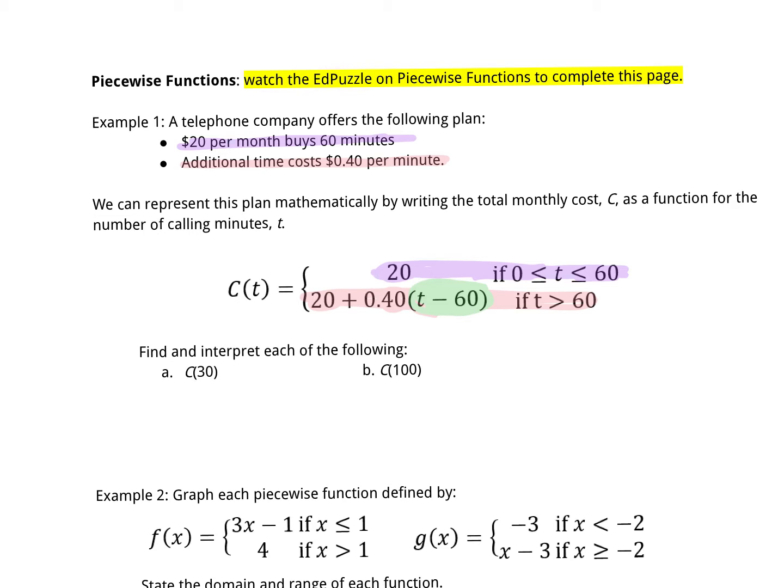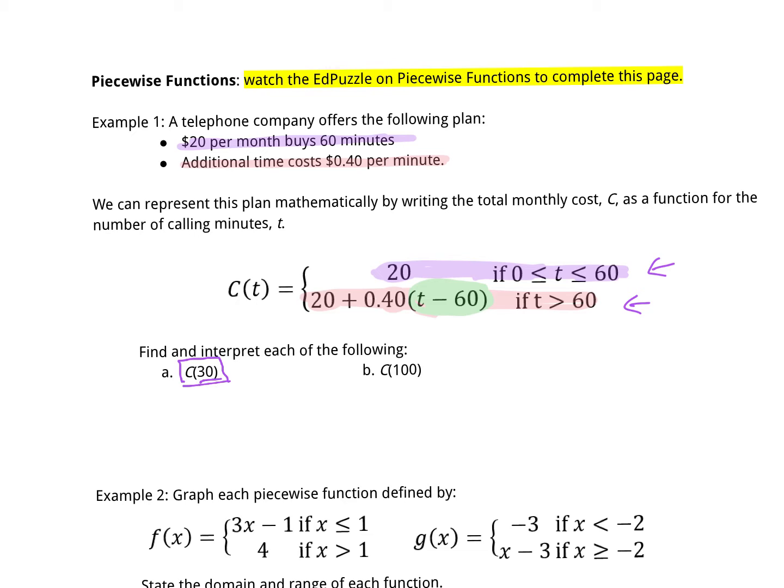This first part says find and interpret each of the following. What is C of 30? That means we can plug in 30 into the equation, but we need to know which equation to plug into, whether it fits within this interval or this interval.